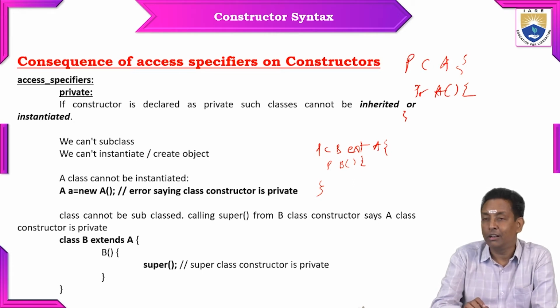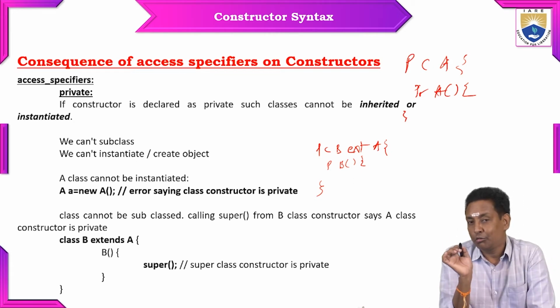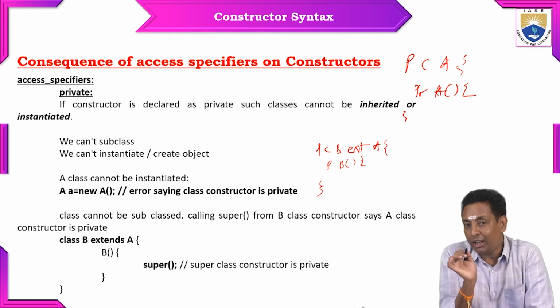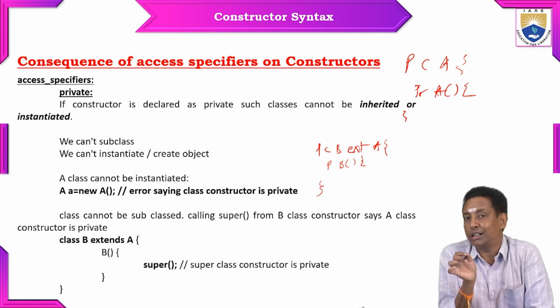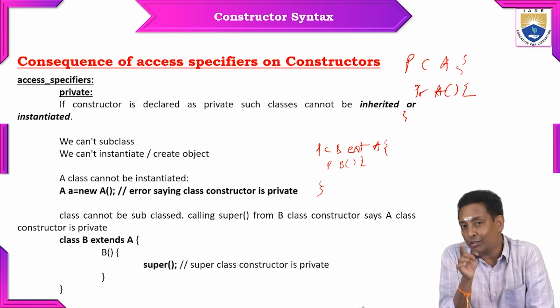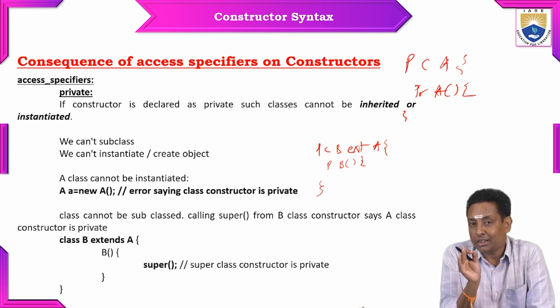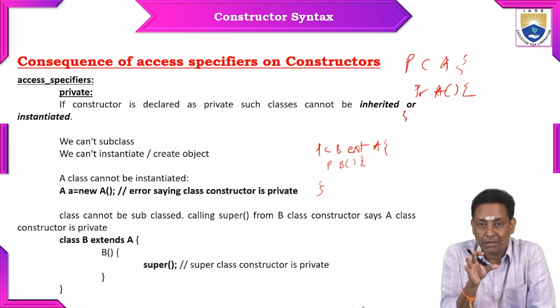Remember one rule: in every constructor, the first statement should be the call to the superclass constructor. Every child class constructor should call the superclass constructor. Though we don't write it, that statement exists implicitly in every constructor.